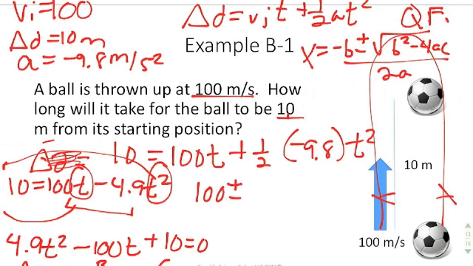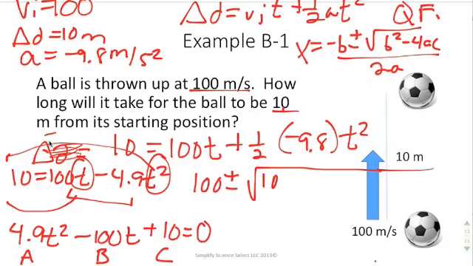Plus or minus the square root of b squared minus 4ac. And our c term was 10. So when we do 4 times 4.9 times 10, we get 196.